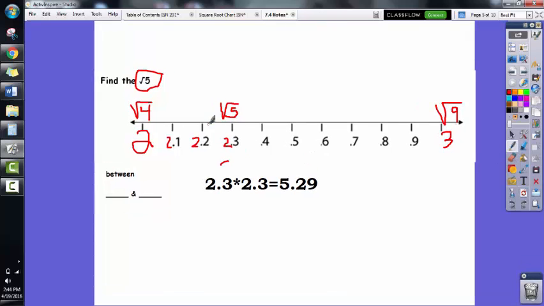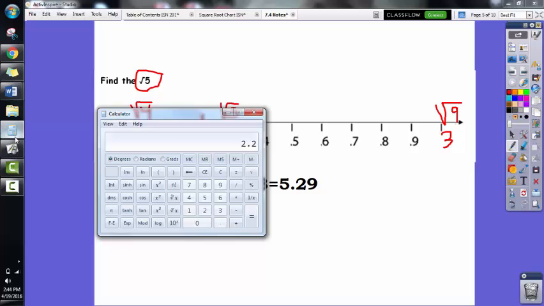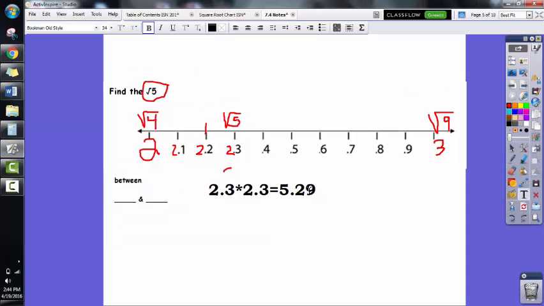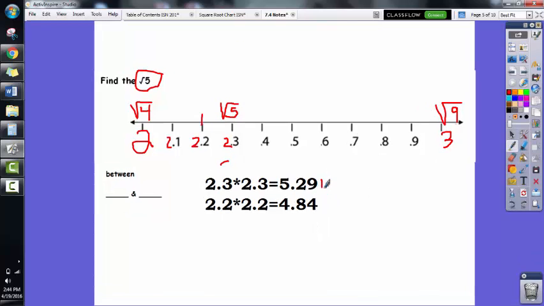Now I'll try something a little bit lower, maybe 2.2. 2.2 times 2.2, 4.84. Okay, well, we just found one number that was a little bit too high, so I went the next tenth of a decimal down, and this was a little bit too low. Well, that tells me that the square root of 5 has to be in between 2.2 and 2.3.